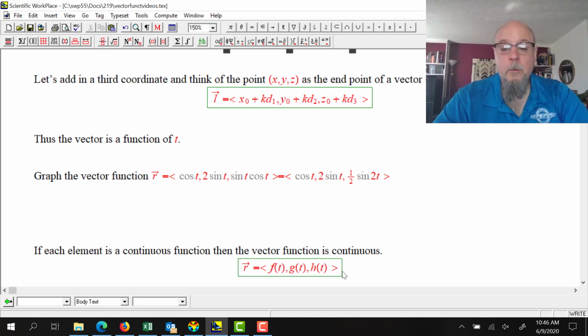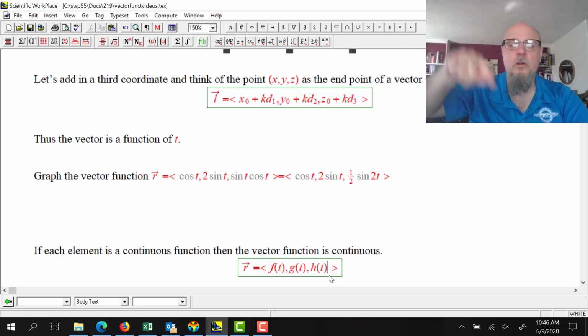Now, I've chosen to write those as f, g, h. They're all functions of time. If f and g and h are continuous functions, then the space curve or the vector function is a continuous function. So we call it space curve when we're thinking about the curve in space.